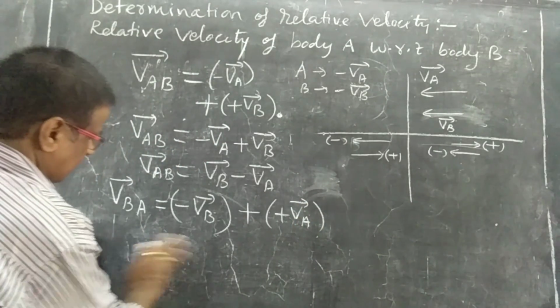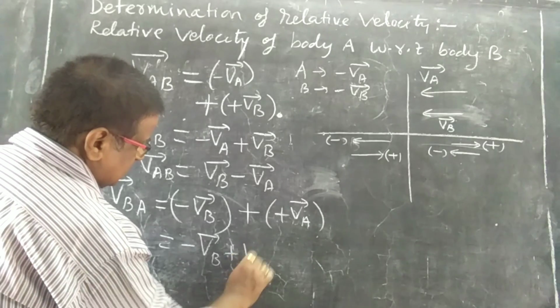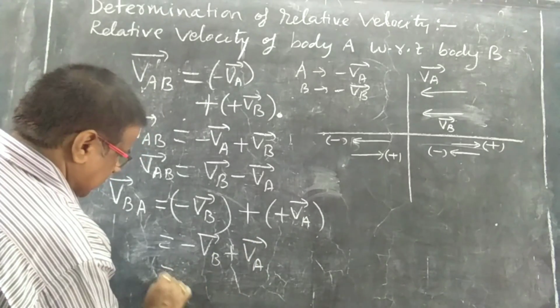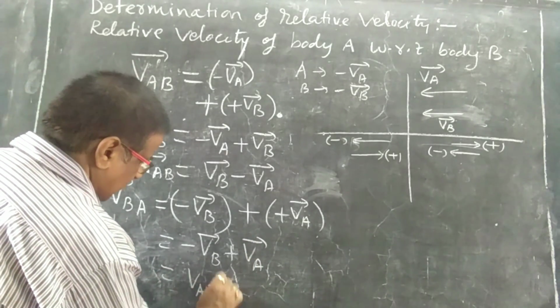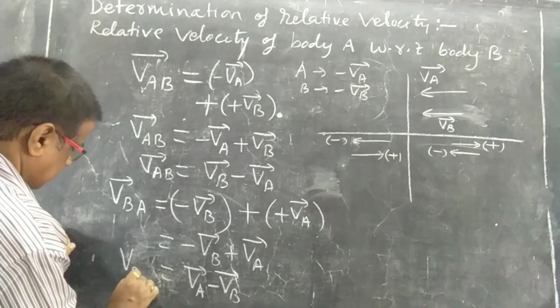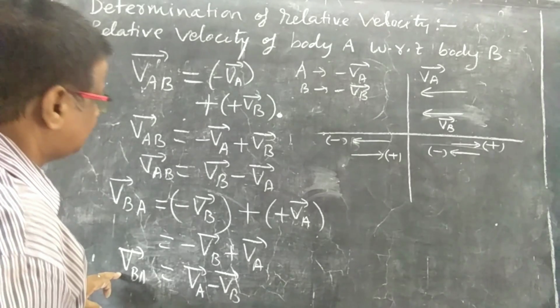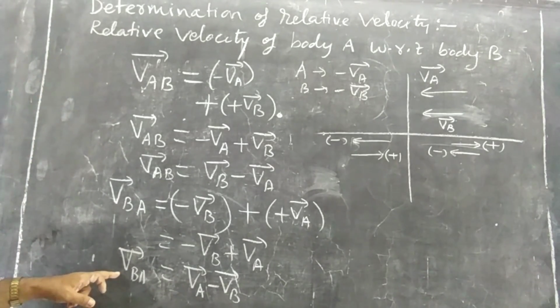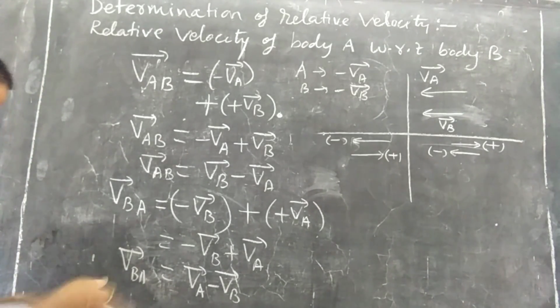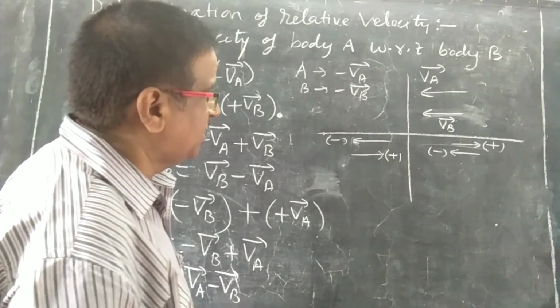So what will be the value? Minus VB plus VA. So you will get here VA minus VB. This will be the relative velocity of B with respect to A. This is the situation, how to calculate the relative velocity of B.